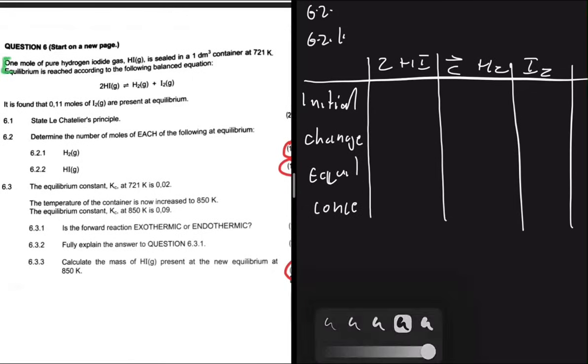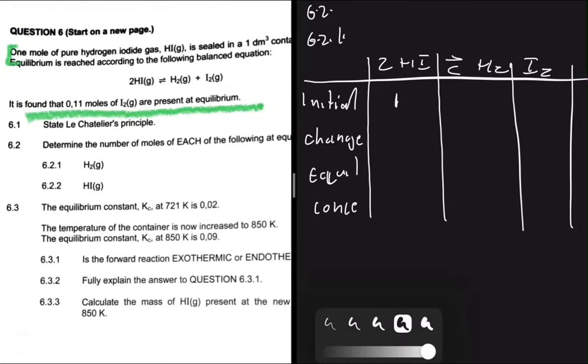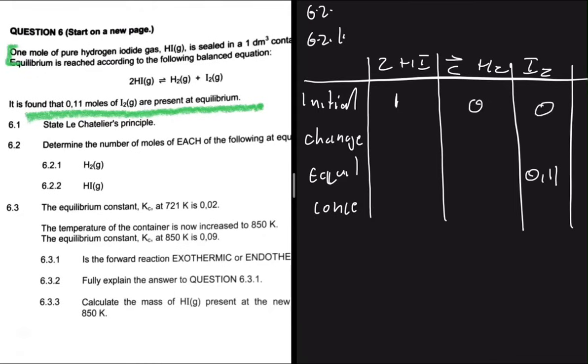It is said to be 1 mole, and then from there we're given the number of moles at equilibrium of I2, which is 0.11. Initially, we didn't have any H2 or I2, right? So we had 0 and 0 here. So it means that the change of I2 is plus 0.11, right?